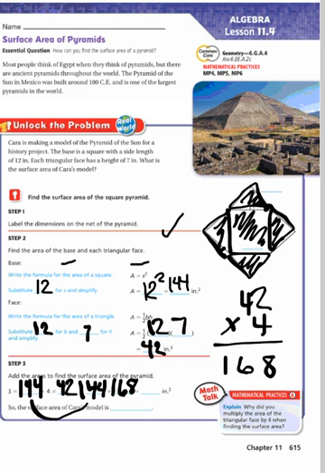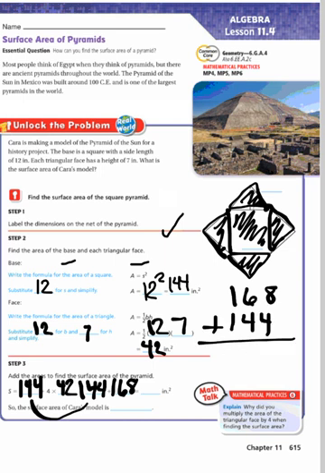So now we need to add those two numbers together. 168 plus 144: 8, 9, 10, 11, 12. There's 1. 6 and 4 are 10, plus 1 more is 11. And then 3. So our answer here is 312 inches squared. So the surface area of Kara's model is 312 inches squared.